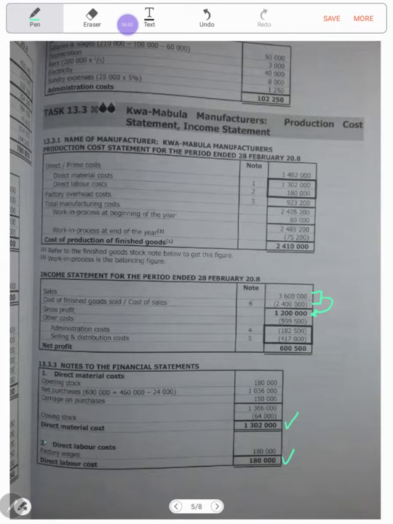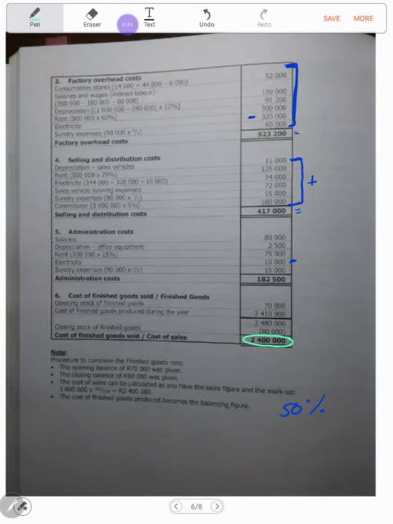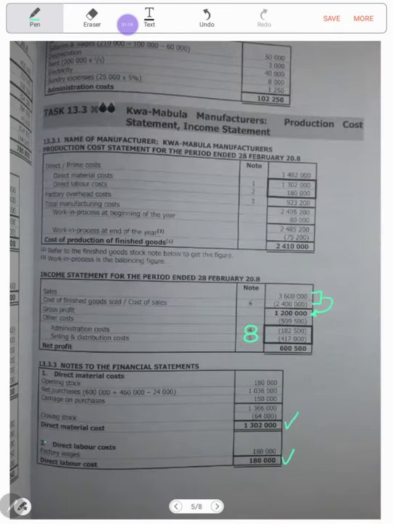How did I get the other costs? I took it from note number 4 and note number 5. Note number 4 for selling and distribution amounted to 417, and from the admin costs, it amounted to 182,500.